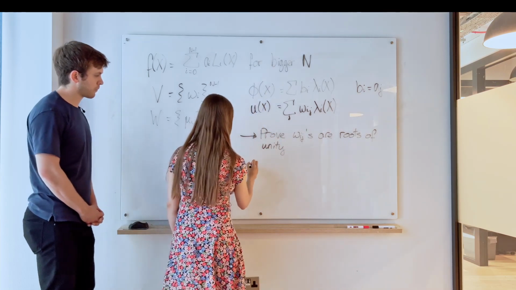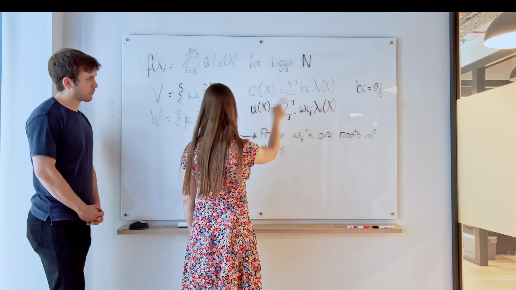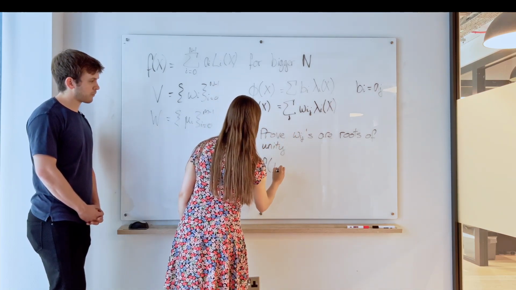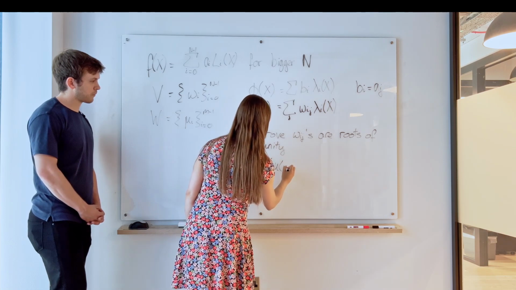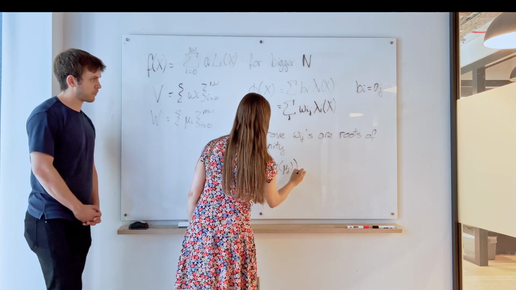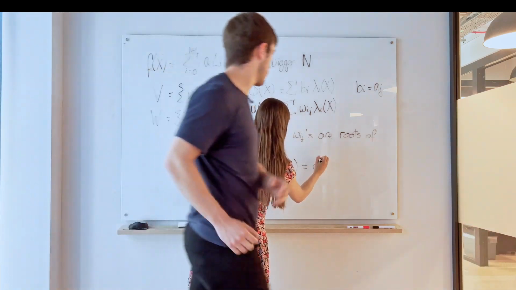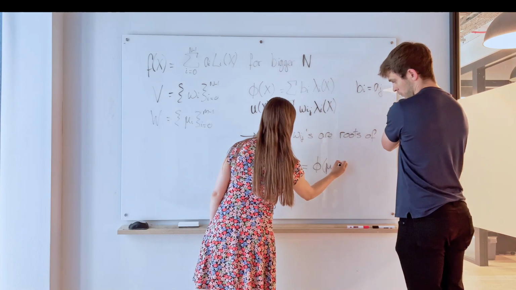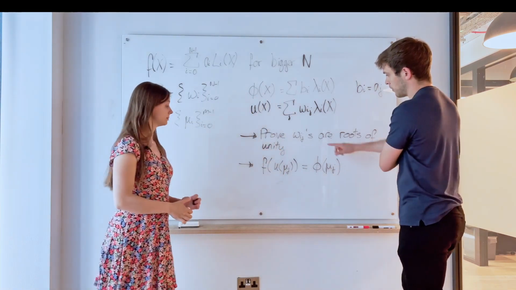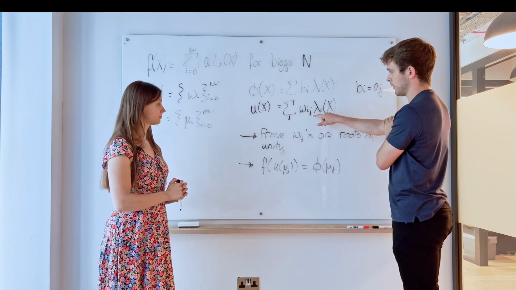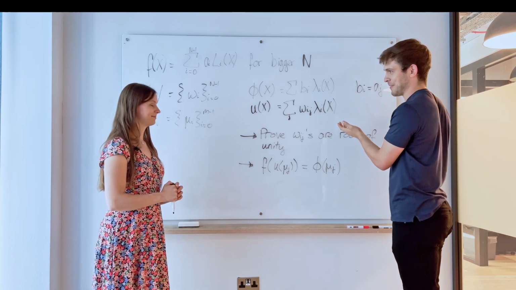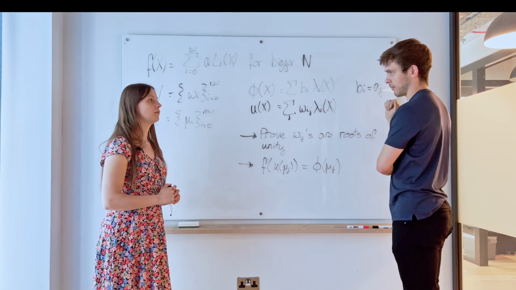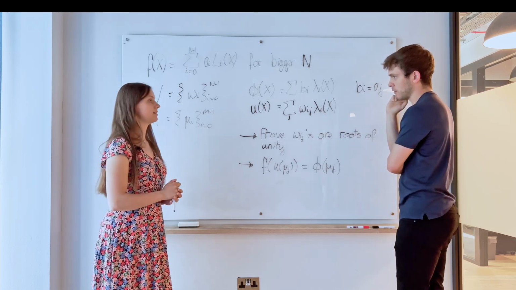And we also want to prove that for every mu j, we have that f of u of mu j is going to be equal to phi of mu j. We have to prove this because there's no way in the circuit, without another lookup table, that we could guarantee that these values that we're providing are actually part of the set of omegas.